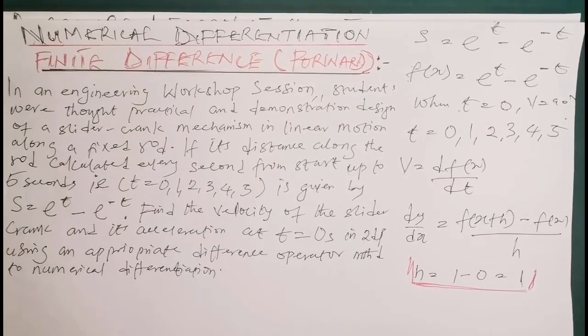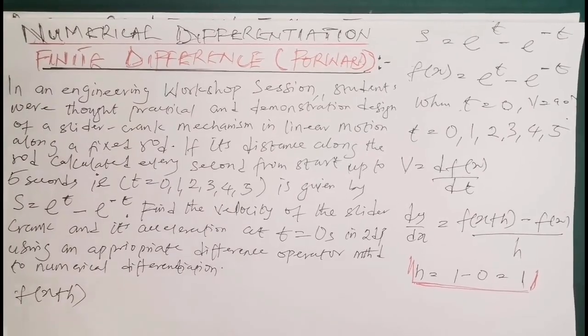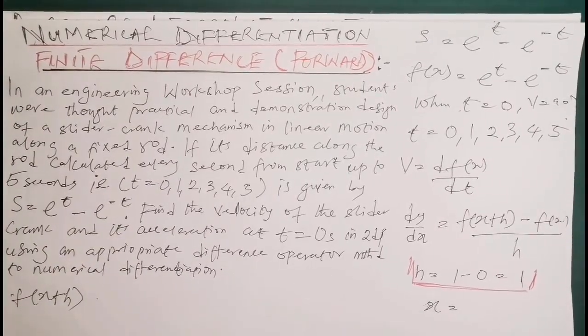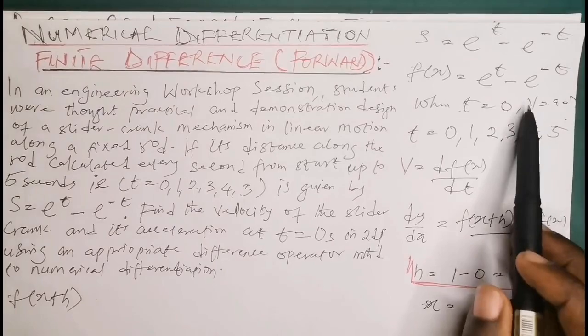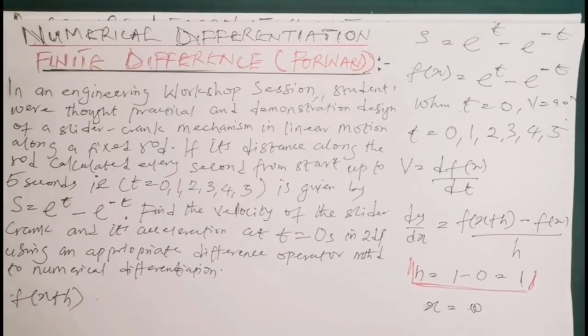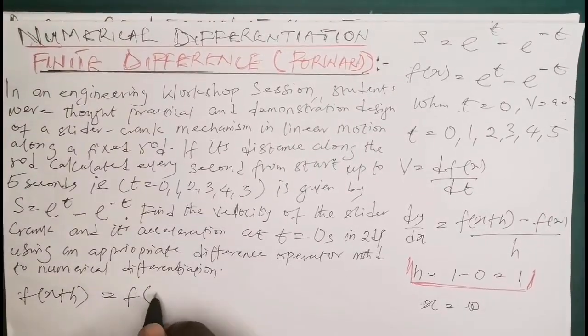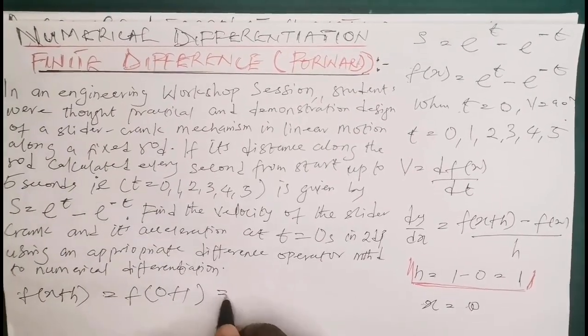So we need to find f of x plus h, but x itself is the time or the point of interest at which we are to carry out this differentiation. So what is the time? When t is equal to 0. So it means x is equal to what? 0. So f of x plus h simply means f of x is 0 plus h is 1, which is equal to what?